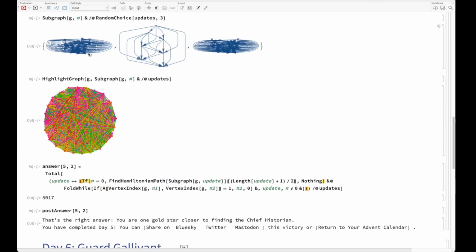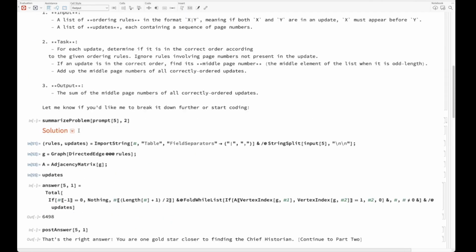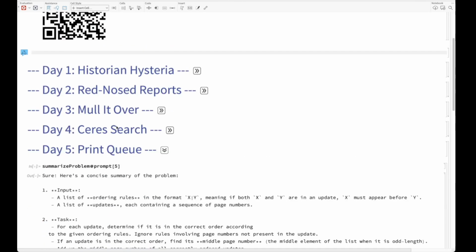As soon as you extract the subgraph itself, you find the Hamiltonian path in this graph, and you get the ordering that you desire. Then you do the same thing as in part 1: extract the middle update. And that's it. Just do the total, get the answer, post it, and it was correct. Okay, so that's it for day 5.